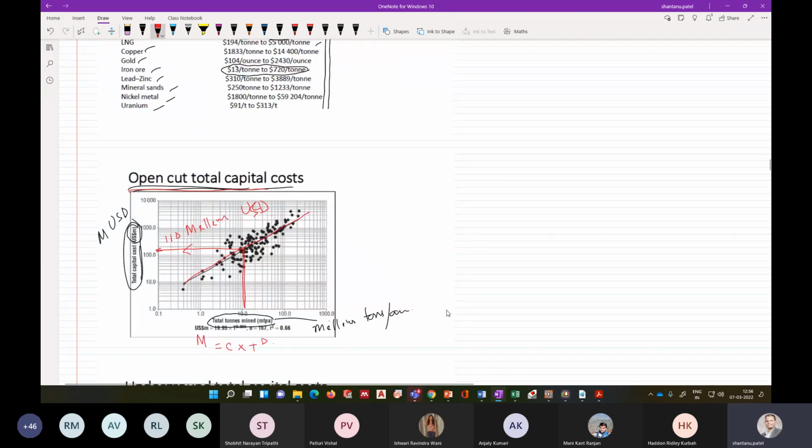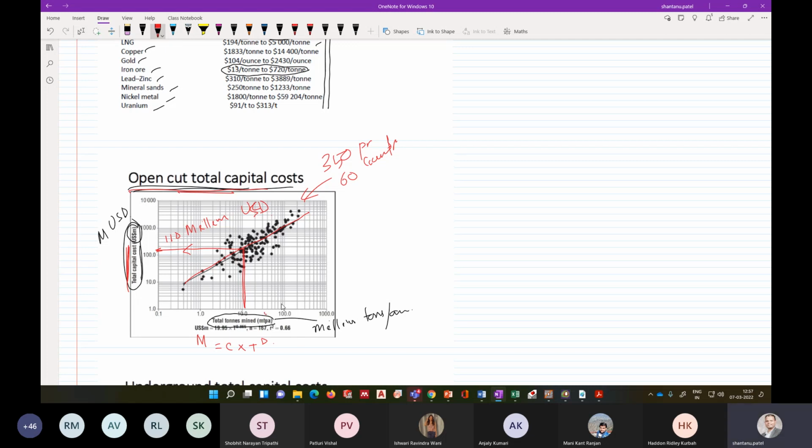Just to wind up, this figure talks about 350 projects in 60 countries. Maybe one of them is India, I'm not sure. They put it in one figure: the capital cost for open pit mines in terms of million tons of ore produced.